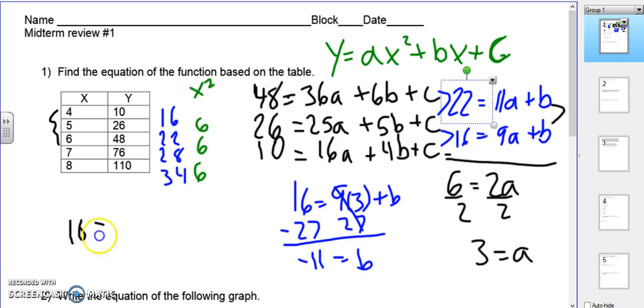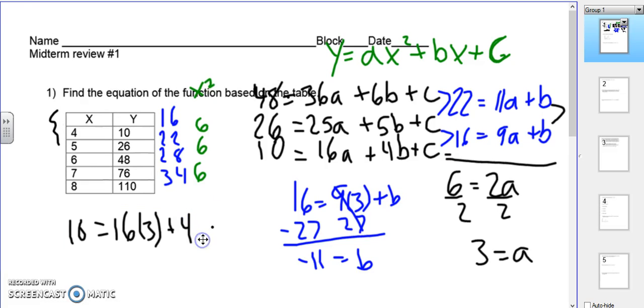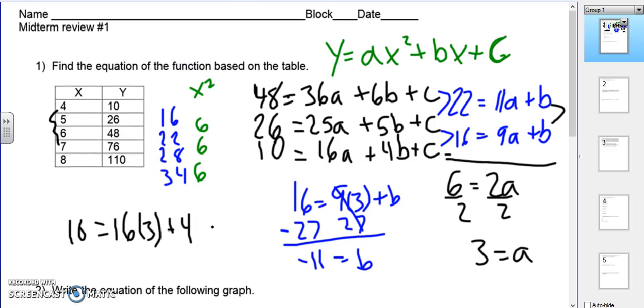So 10 equals 16 times 3 plus 4 times negative 11, plus c. Oops. There we go. Okay. So if we do 16 times 3 plus 4 times negative 11, we should get 4. So 10 equals 4 plus c, which means c should be 6.